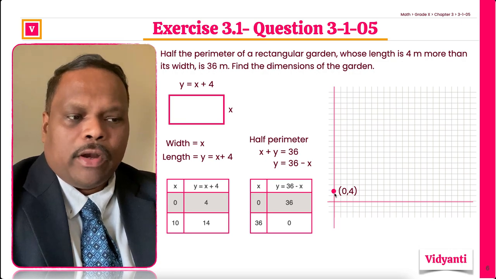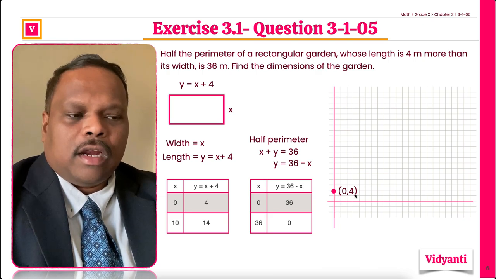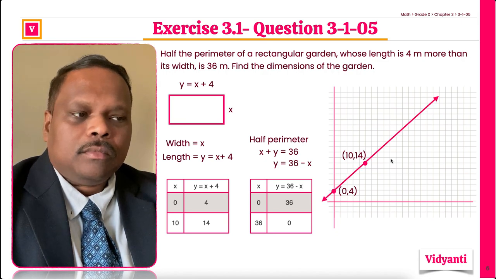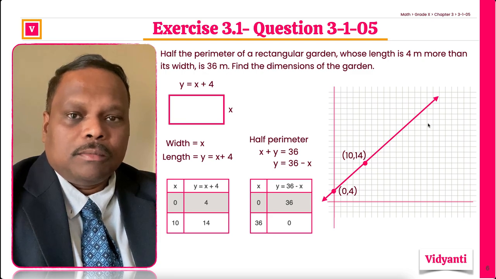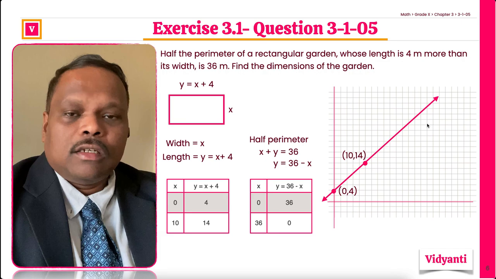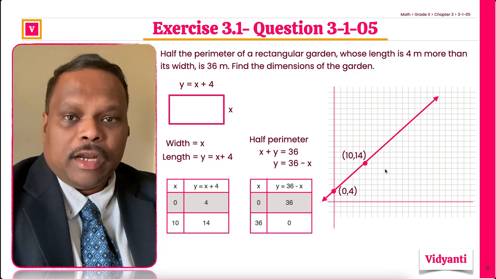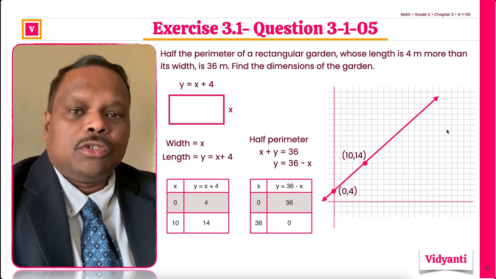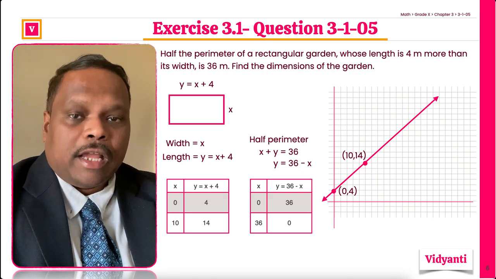So this will be my point, purely on the y-axis, and that would be (0, 4). Let's plot one more point, (10, 14), and let's join these 2 points with a straight line. If you have a third point, it will help you make sure that these 2 points are correct. These 3 points should come on a single straight line.